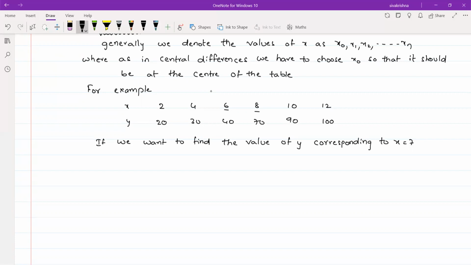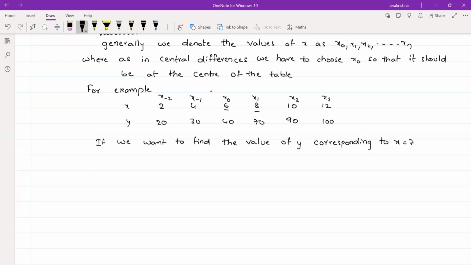Suppose we have chosen x0 as 6, then the values after x0 should be treated as x1, x2 and x3, and the values before x0 should be treated as x suffix minus 1 and x suffix minus 2.